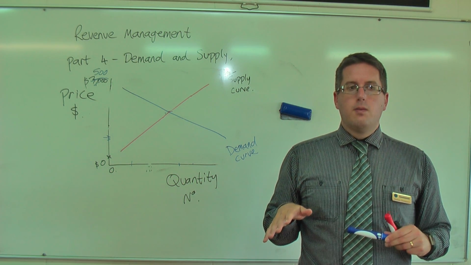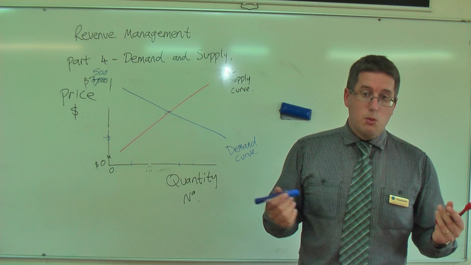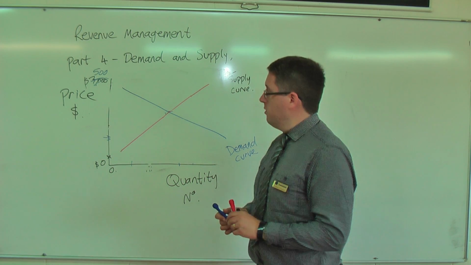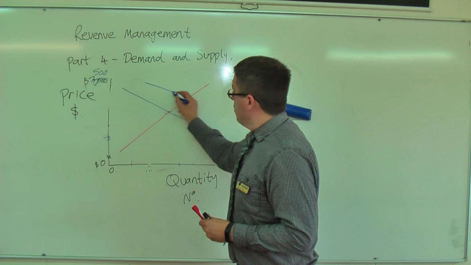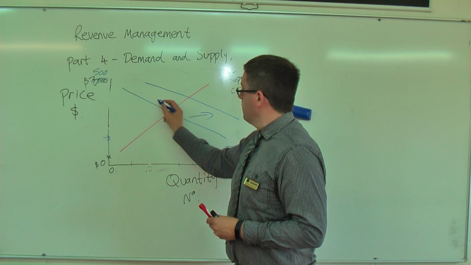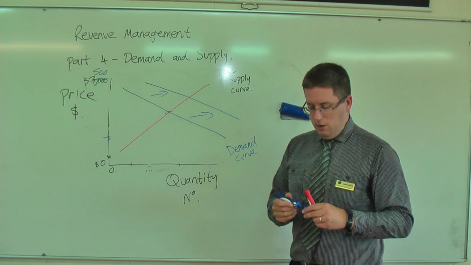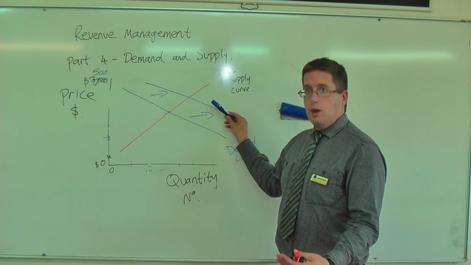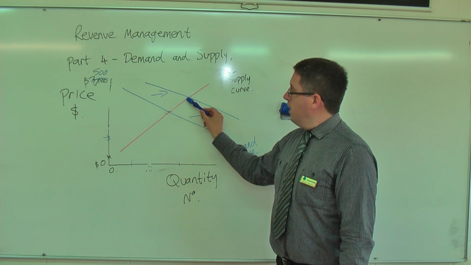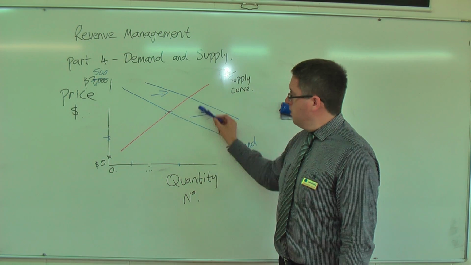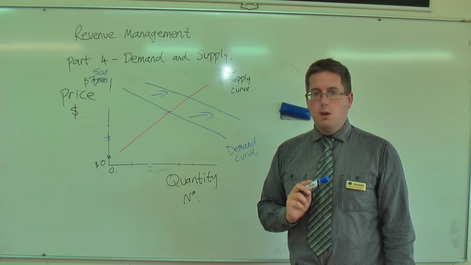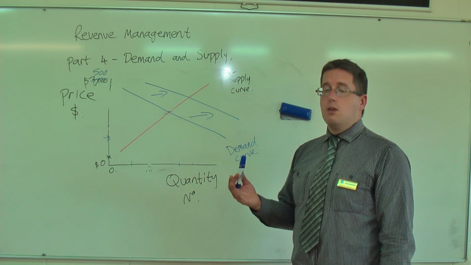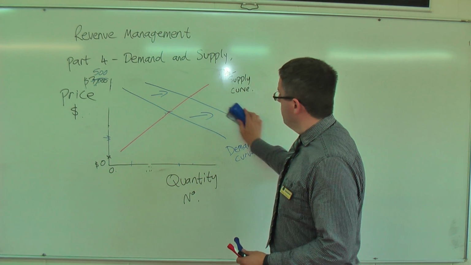On that day, demand will change and demand will increase because all of a sudden more people want to come and stay. So the demand curve increases, and it increases to the right. So demand increases, more people want to come to the Lorde concert, the price goes up, and the number of rooms also goes up. So important thing, always keep looking at external factors, things that will change demand or supply.